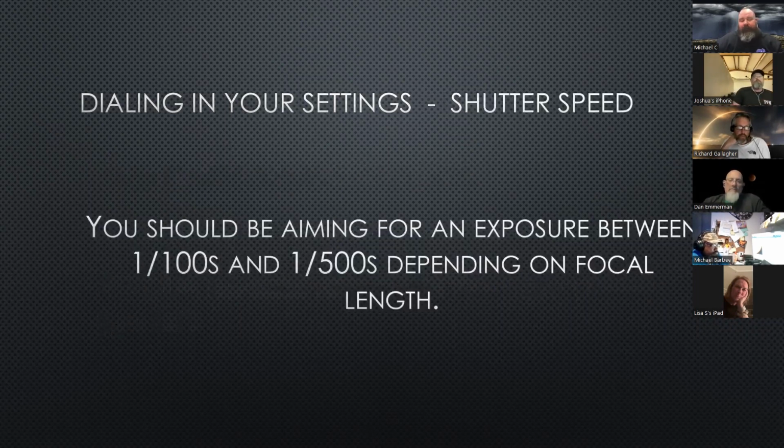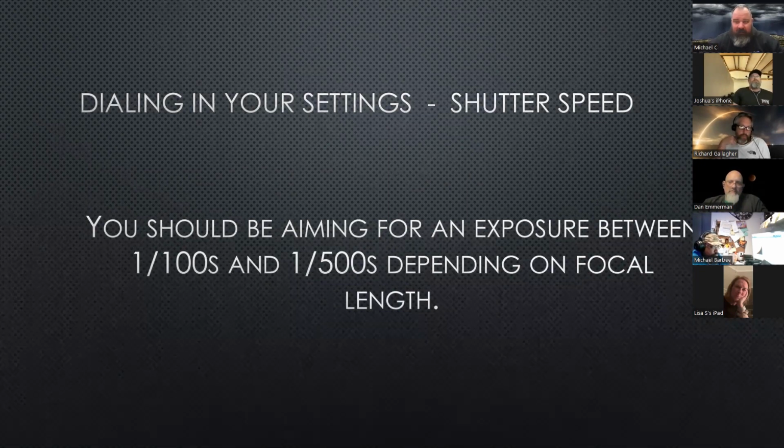Shutter speed. Probably for most things, again depending on your focal length, and the graph I'll show here in a minute will show you some variations, you're mainly going to be aiming between 1/100th and 1/500th of a second.